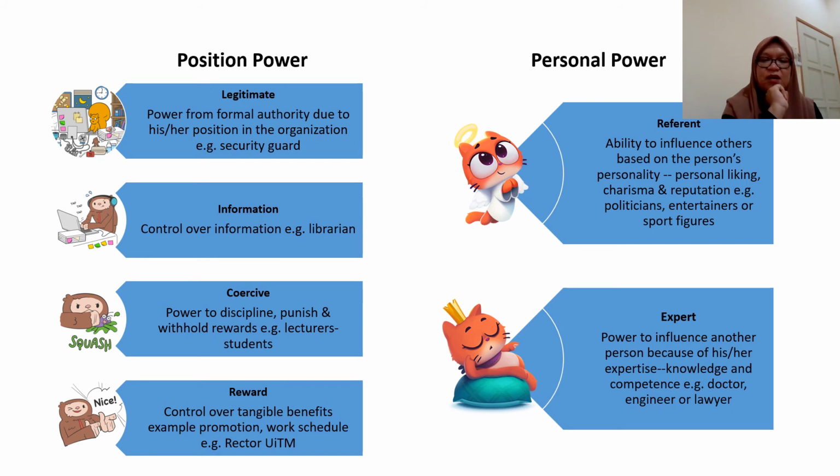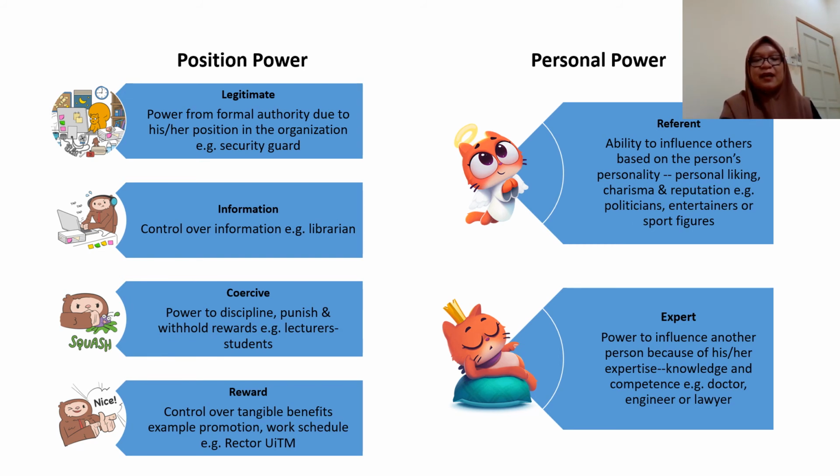Next one is coercive power. Okay, power to discipline, power to punish, to withhold rewards. Okay, meaning that with that position, you will have the power to discipline, to punish people. For example, let's say at school, there's a teacher we call the discipline teacher. So this discipline teacher will have the coercive power to discipline the students.